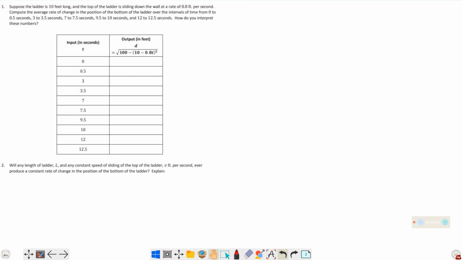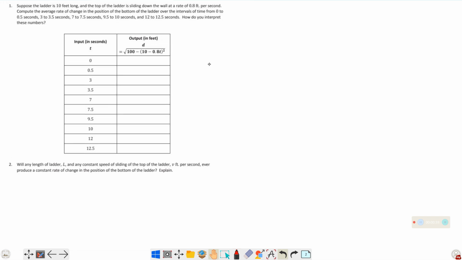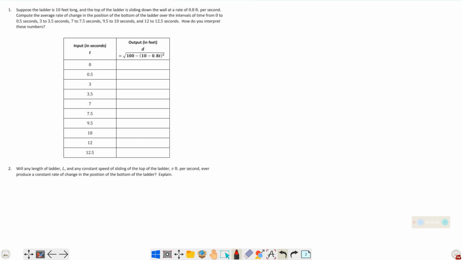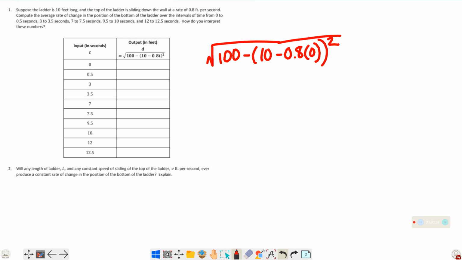So, we are going to start by calculating the output in feet. The first one uses 0 in the time. So we're going to use the square root of 100 minus (10 minus 0.8 times 0) squared. That means 0.8 times 0 is 0.